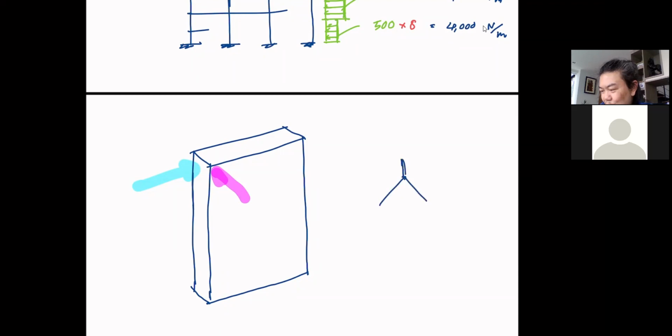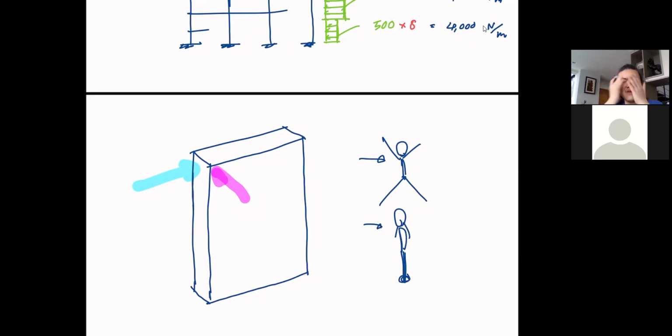So imagine yourself, let's say in the blue direction, standing with legs widespread like this. You're going to be very hard to push, right? Because you have a very stable stance. But in the purple direction, you can imagine yourself with the legs tied up, so you stand up like this. When someone pushes you, you're pretty much ready to go down, right?